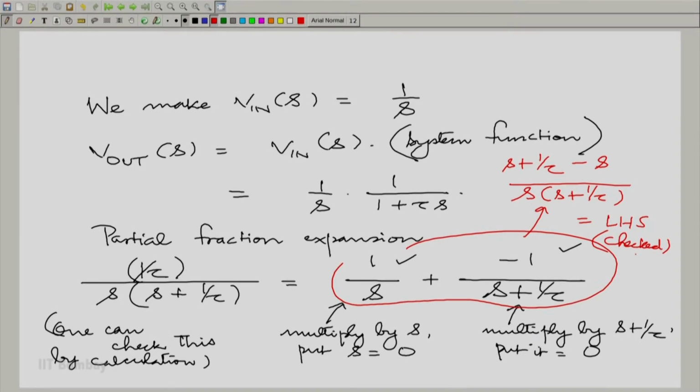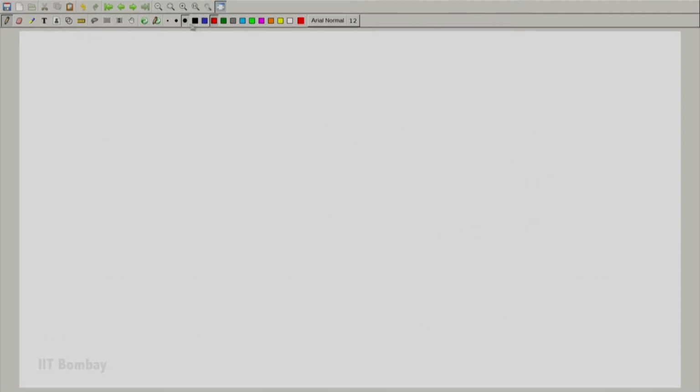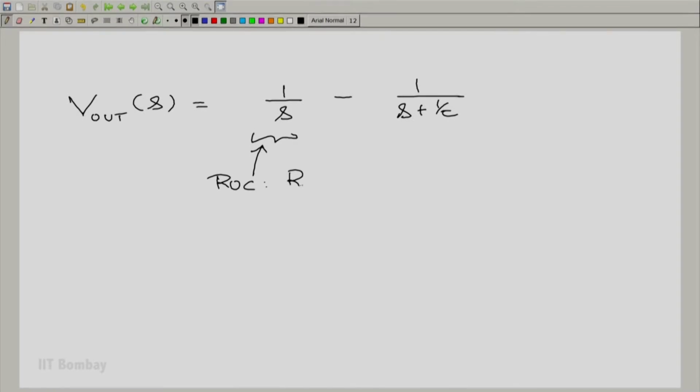So, now we have this partial fraction expansion and we need to recognize the regions of convergence. What regions of convergence do we have to associate? So, essentially V out S now is 1 by S minus 1 by S plus 1 by tau, and this came with the ROC, real part of S greater than 0.